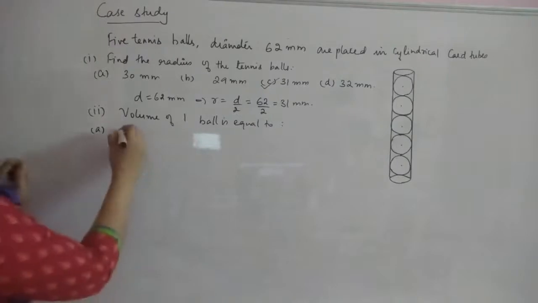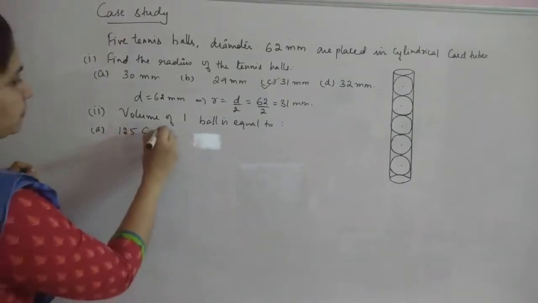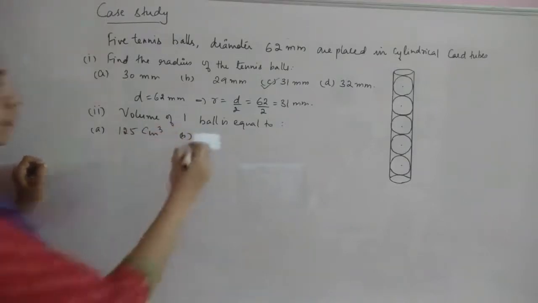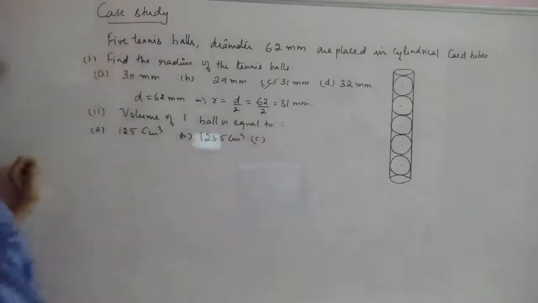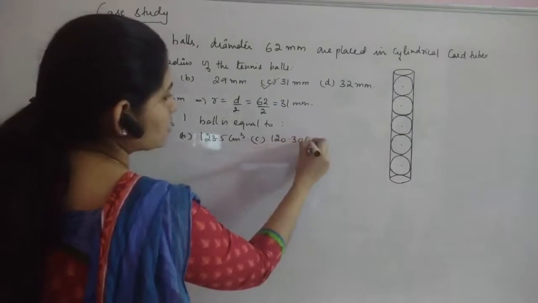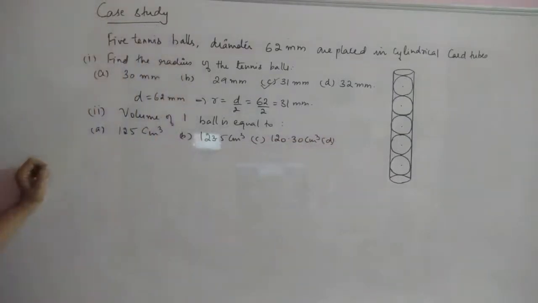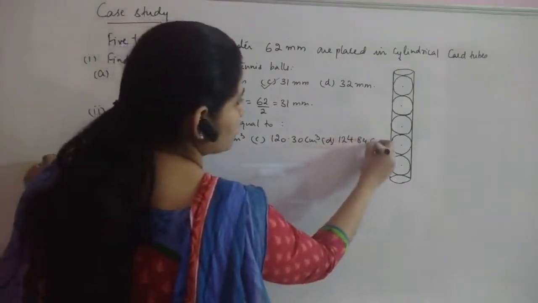The options given are 125 centimeter cube, 123.5, 120.30 centimeter cube, and 124.84. You do it and tell which one you are getting.